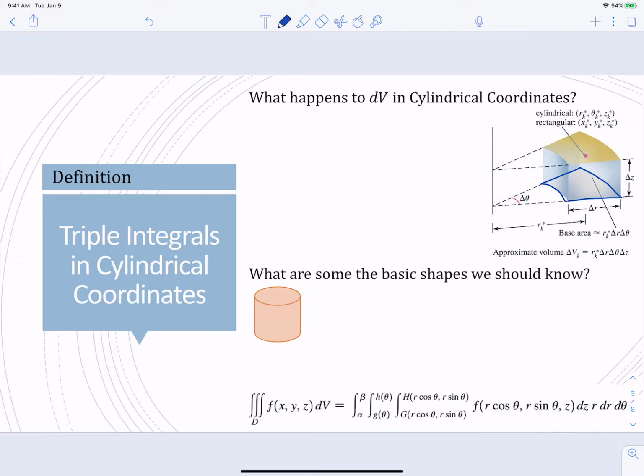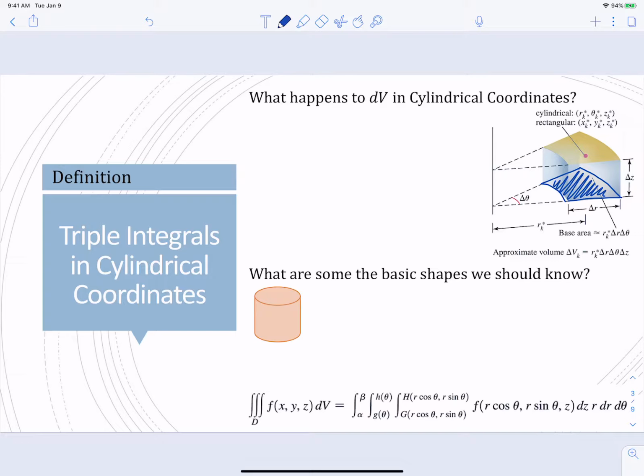It's a 3-dimensional slice, so it's got a length and a width and a height. And remember, the bottom here, that's our sort of arced slice that we have.